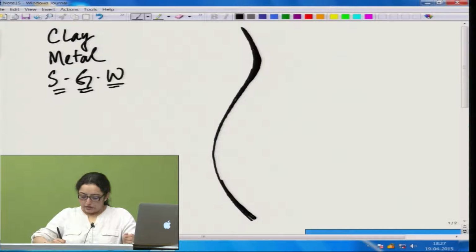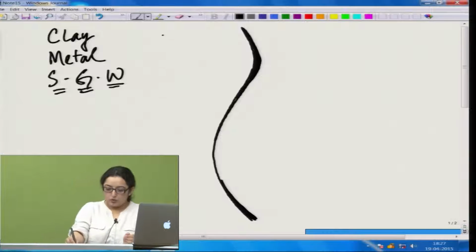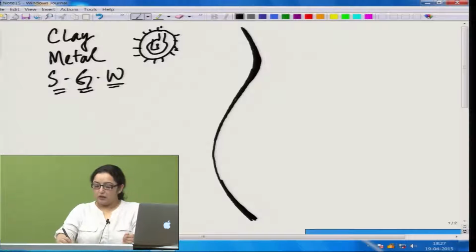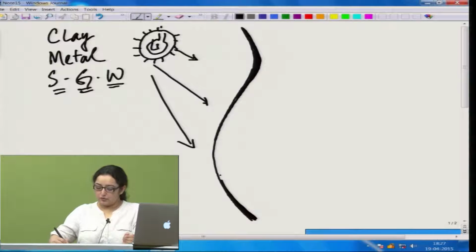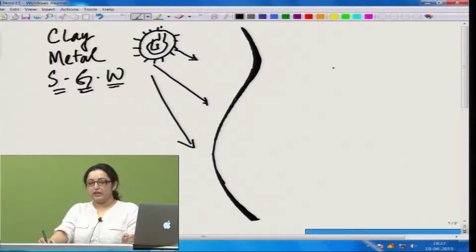Let us imagine this is our source of light. When the light is falling on this surface, this part which has a thinner line will appear lighter and the thicker lines will be darker.